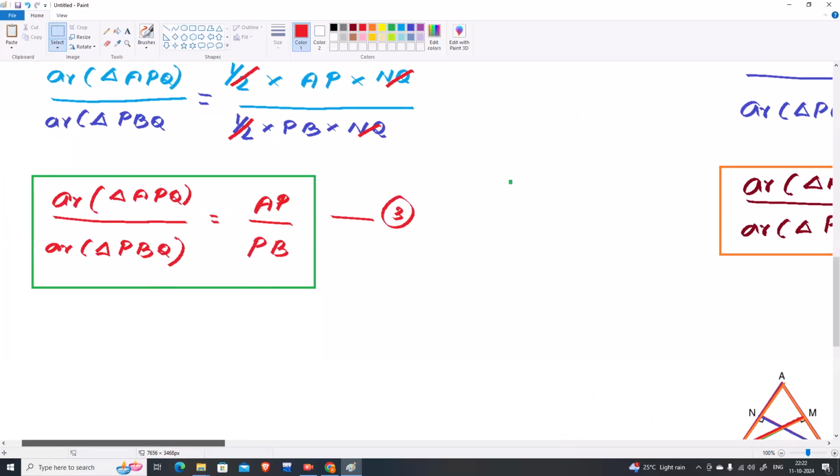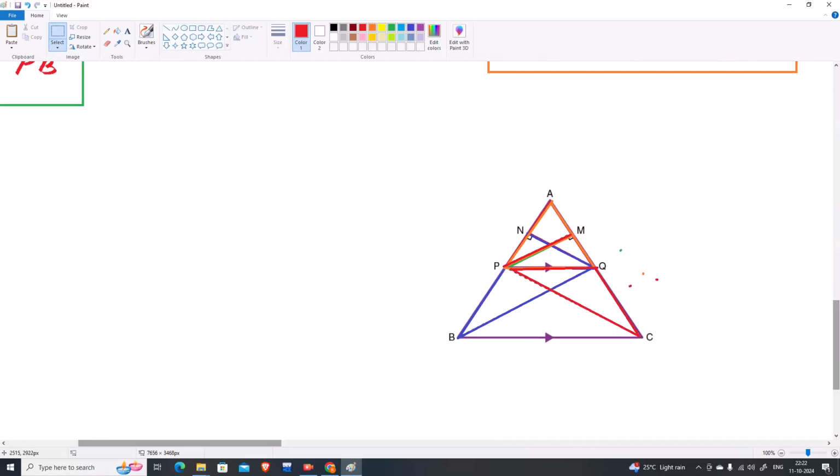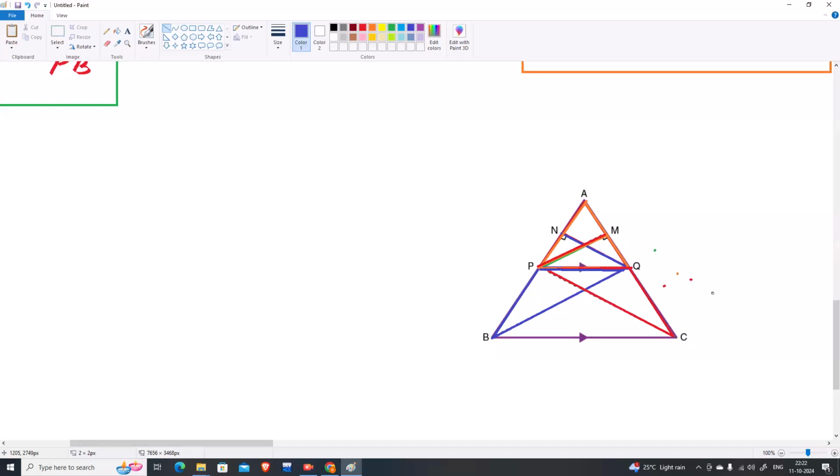So when you observe BPQ and PQC, that is the blue color triangle and the red color triangle, these two areas are equal. If you prove this, automatically the left hand side will be equal.